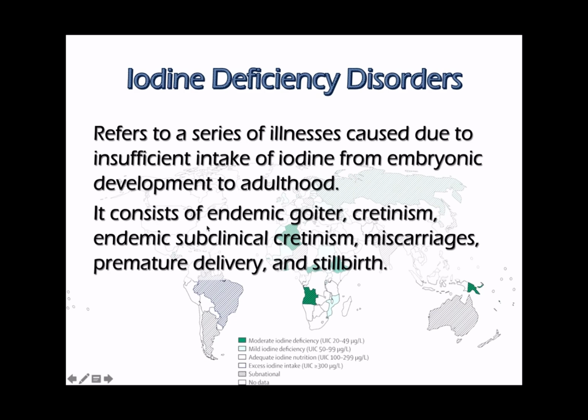It consists of endemic goiter, cretinism, endemic subclinical cretinism, miscarriages, premature delivery, and stillbirth. So basically, iodine deficiency disorder, short for IDD, means lots of diseases caused by insufficient intake of iodine.